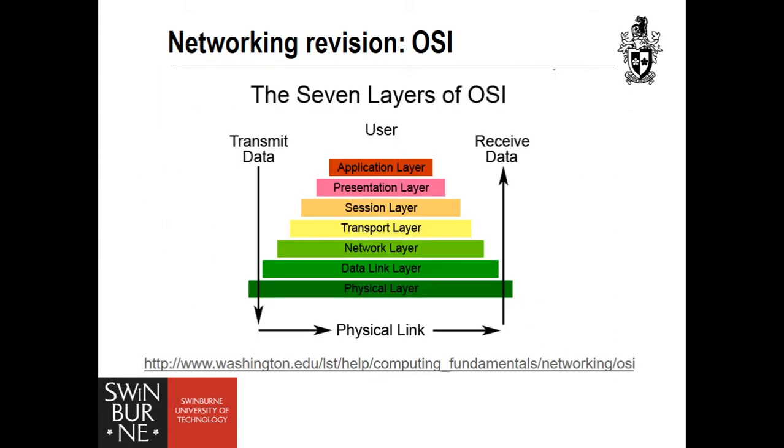So this is the picture of the 7 layers of OSI. We start from the top: application, presentation, session, transport, network, data link, and physical layer. The closer to the physical layer, the more it is used to transmit, and the closer to the higher layers, the more it is used to receive.